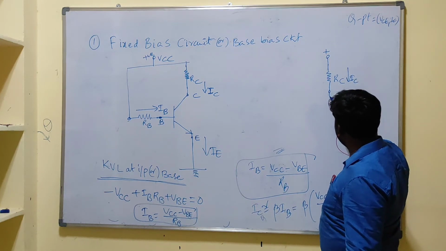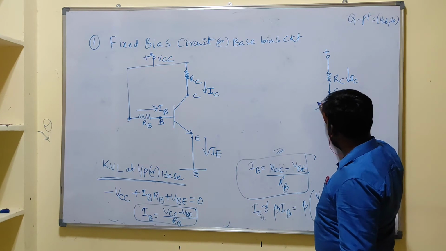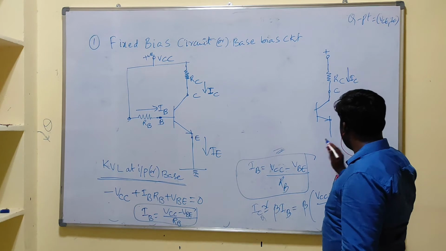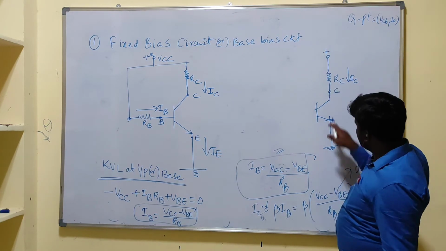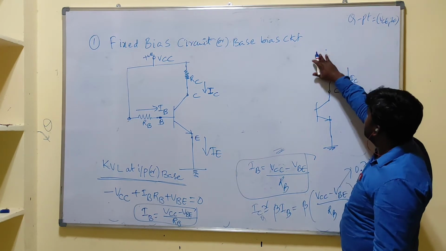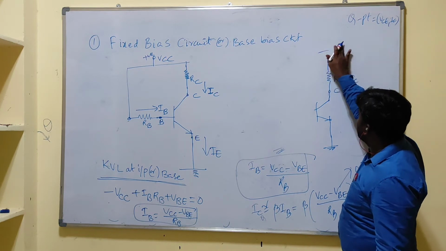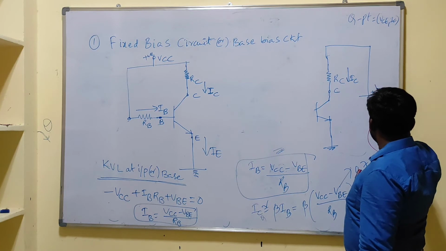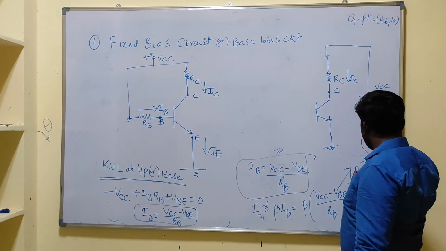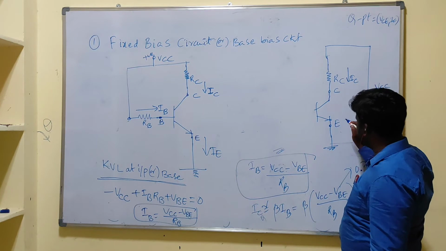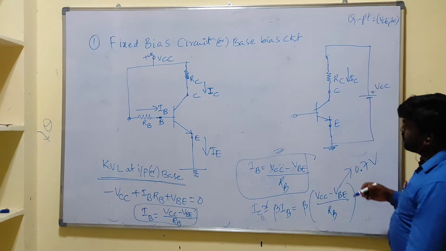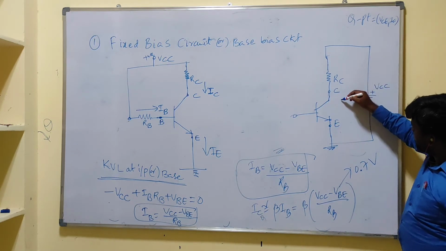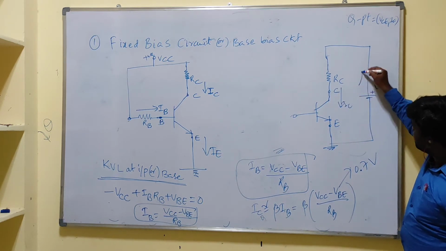This is our transistor, with the collector terminal, and the emitter terminal grounded. The ground terminal can be taken as negative. So plus VCC, and ground is taken as the negative terminal. This is our emitter and this is the base. But we require KVL at the output loop or collector side, so apply KVL in this loop.